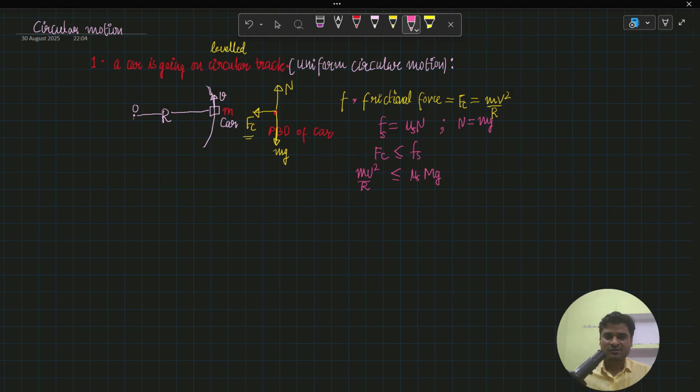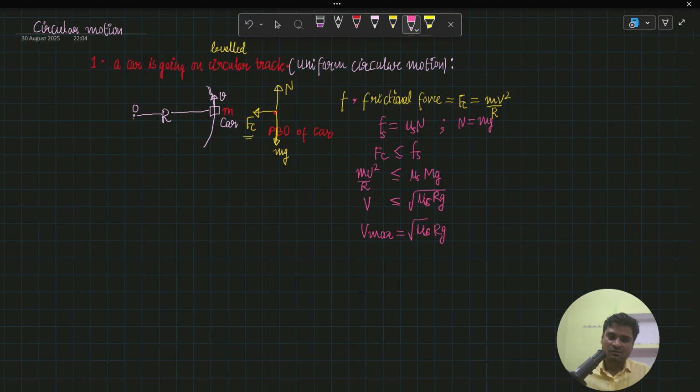So from this we find that velocity should always be less than or equal to the square root of mu s r g. So the maximum velocity on a circular track is the square root of mu s r g.